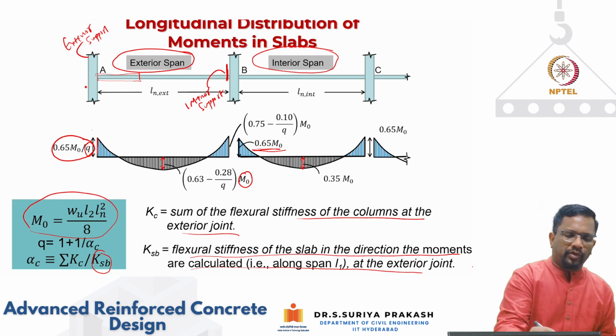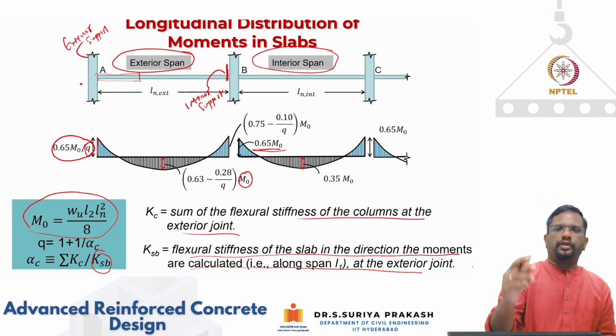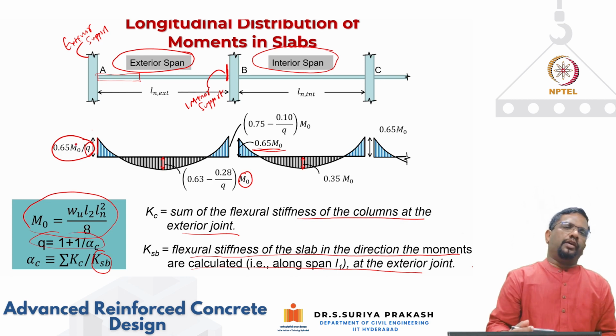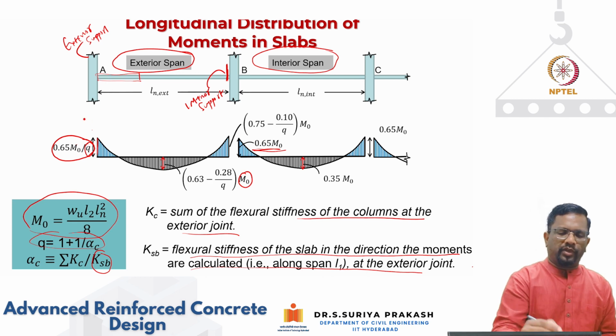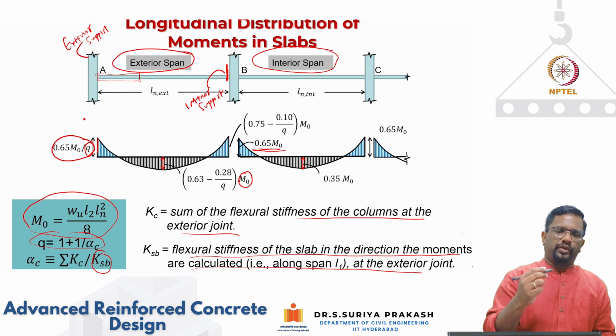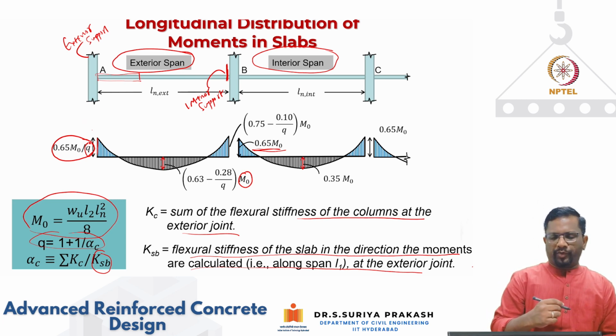So depending upon the fixity you have, it may not be entirely fixed, but depending upon how the elements are connected, the code says you calculate the stiffness parameter Q and then divide 0.65 M naught by that Q to get the moment you need to consider for designing the exterior support at the negative, or hogging, moment location.